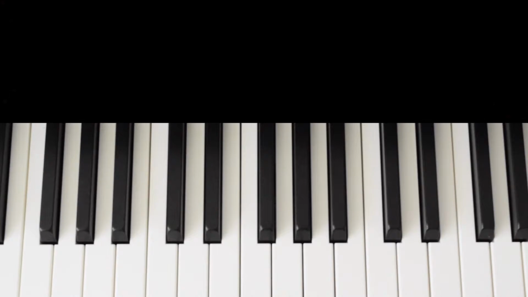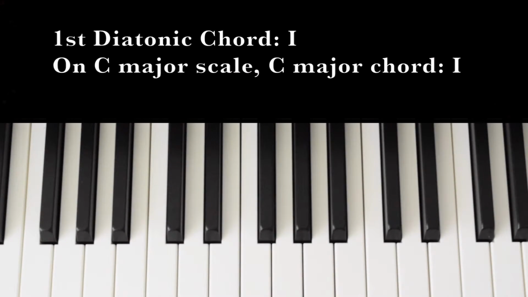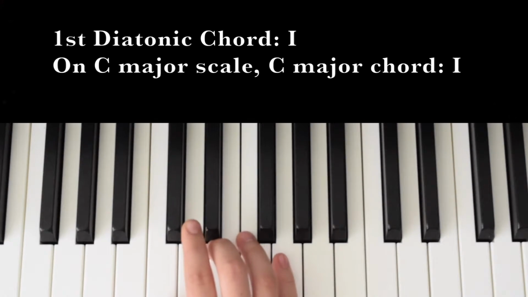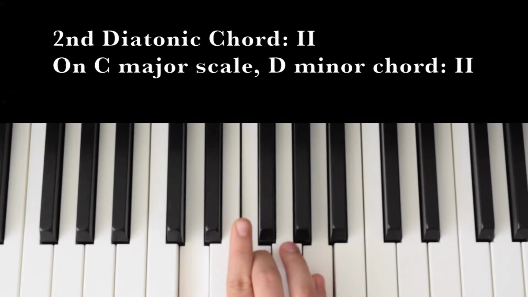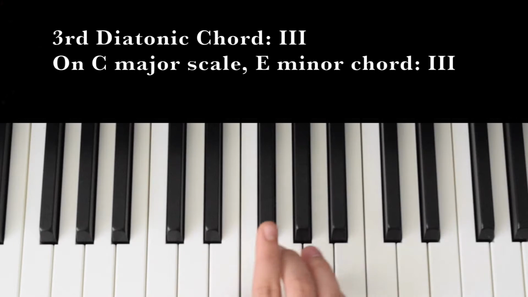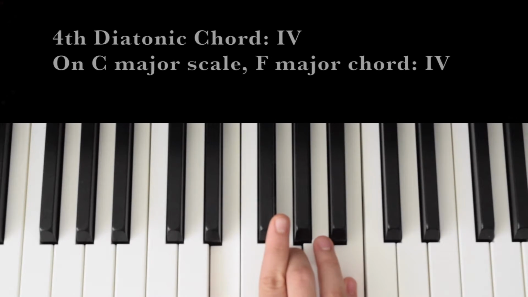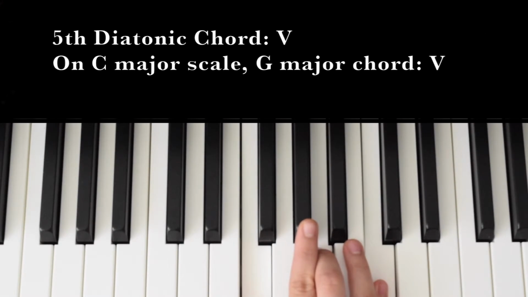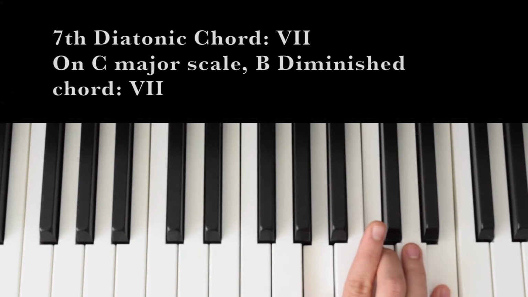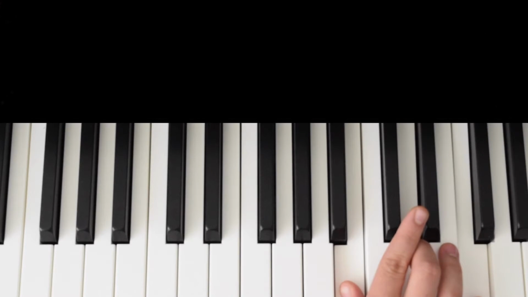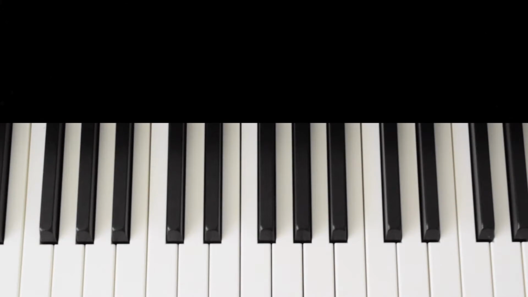For diatonic chords, musicians use Roman numerals to signify the different chords. The first diatonic chord in the scale is assigned the Roman numeral I. So C major is I. The second is II. Third, III. Fourth, IV. Fifth, V. Sixth, VI. Seventh, VII. That's it. This makes it easier for musicians to transpose or change the key of a song.